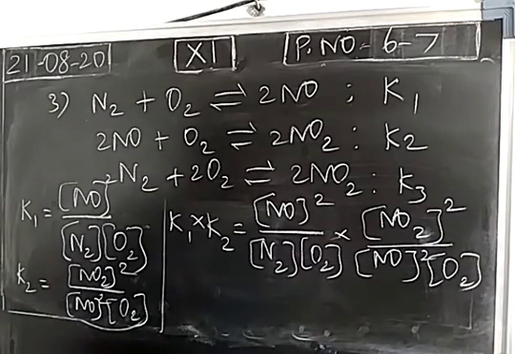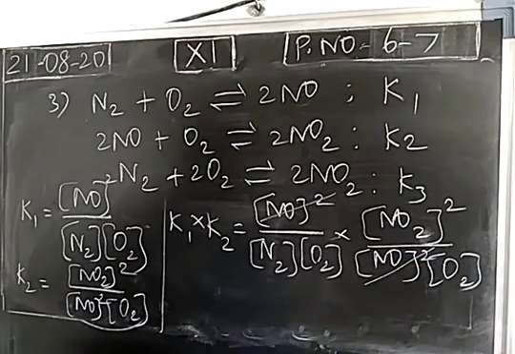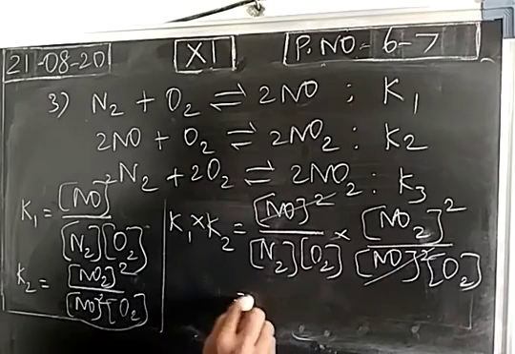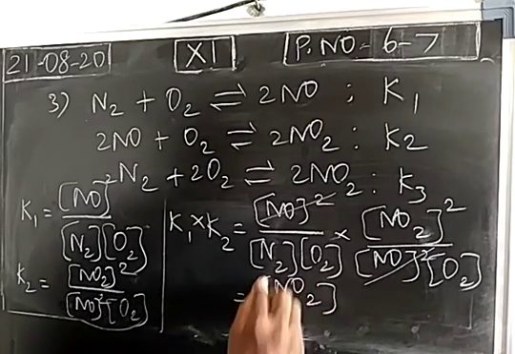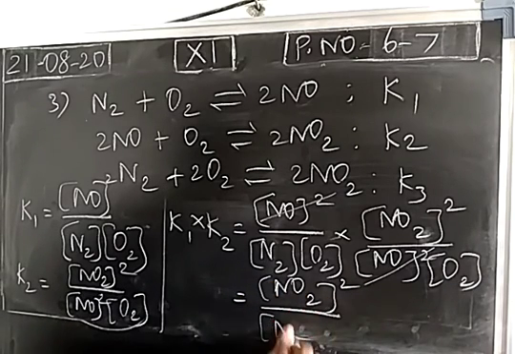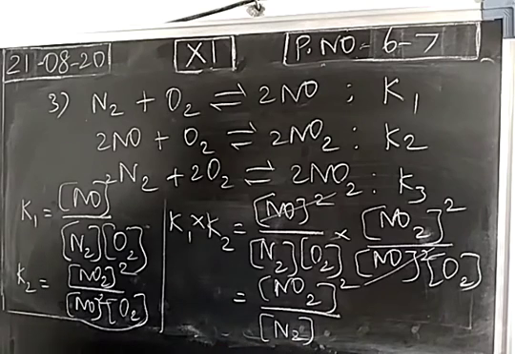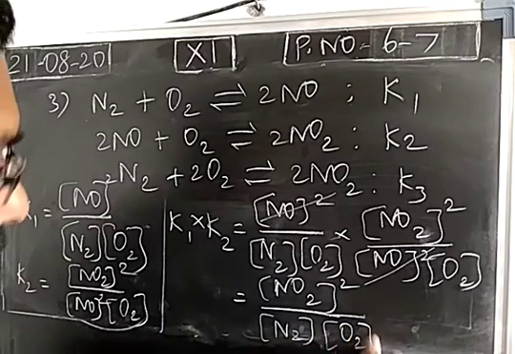So the nitric oxide squared will be cancelled. Remaining is the concentration of nitrogen dioxide squared divided by the concentration of nitrogen and the concentration of oxygen squared.